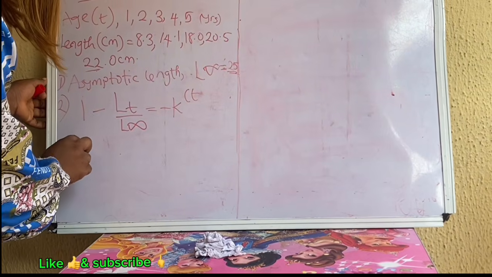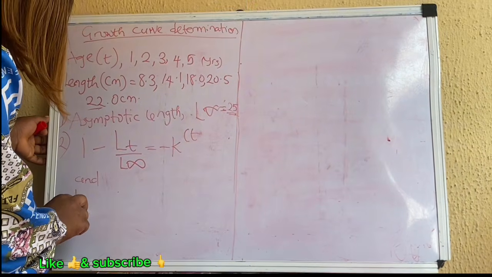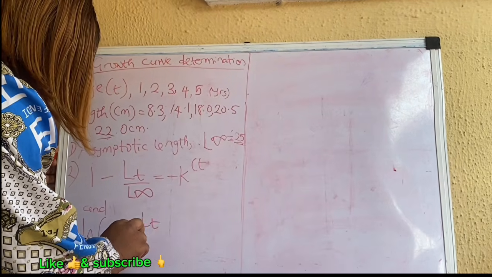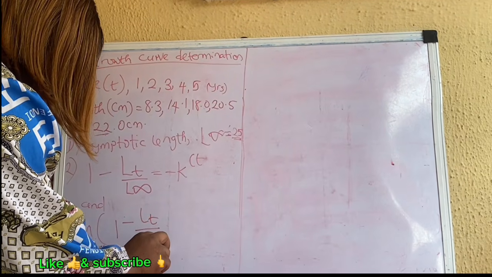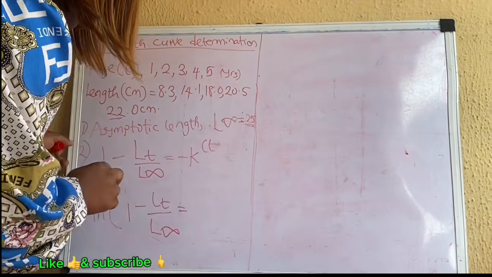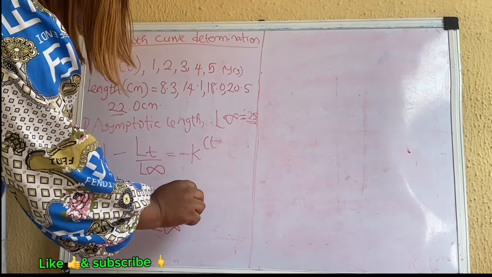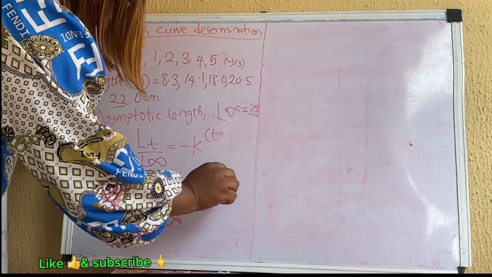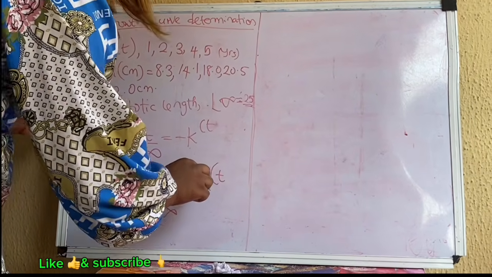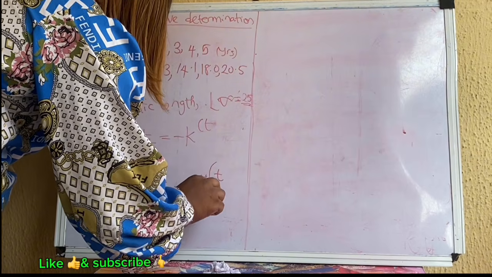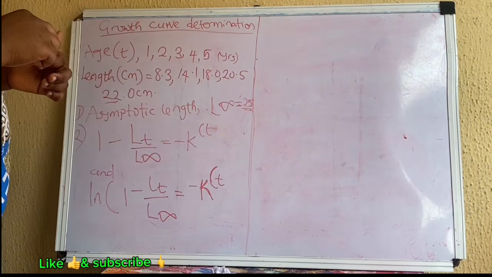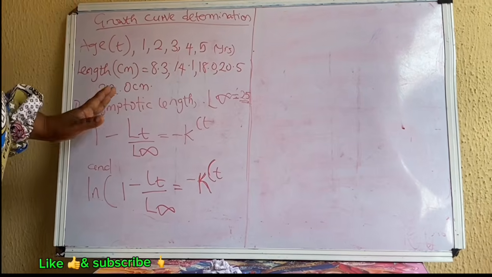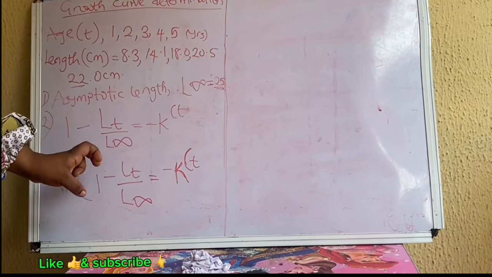Then the second one, ln of 1 minus Lt over L asymptotic equals minus K raised to the power t. This is the linearized form of Von Bertalanffy's equation.